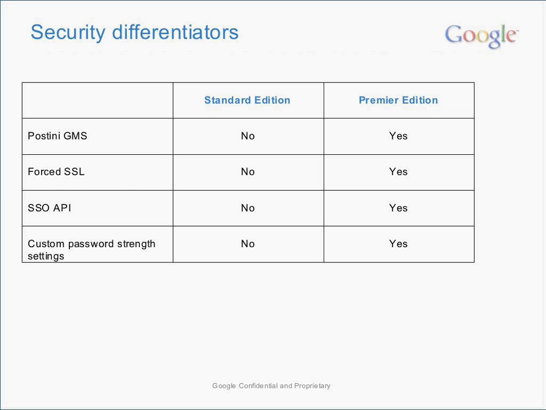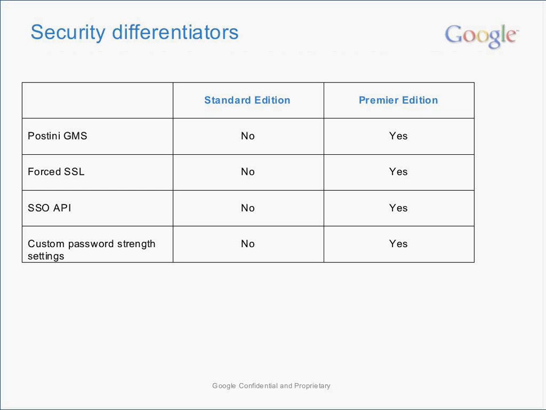With Postini's Google Message Security that is included with the Premier Edition, they are able to set a lot of policies about how harsh or how strict they want spam filtering. They can set up more configuration controls between different groups within the company. They can have one group be more lenient when it comes to spam and another one more harsh.